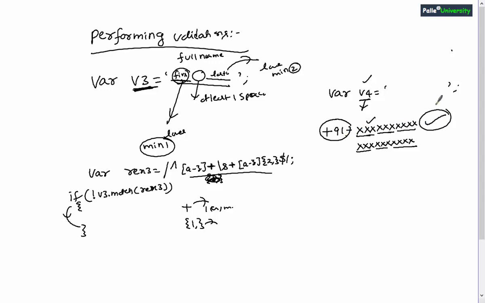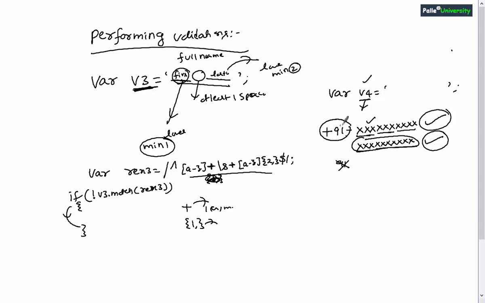Or otherwise, in case v4 has only 10 digits without +91-, even that data I want to consider as valid data. So in case the user writes simply 91 and then 10 digits, I don't want to consider that data as valid, or in any other case I want to consider the remaining data as invalid only, right?